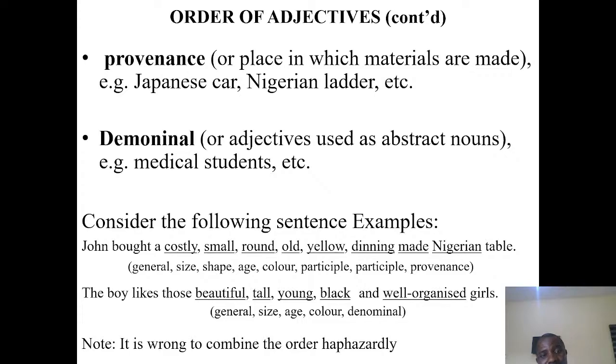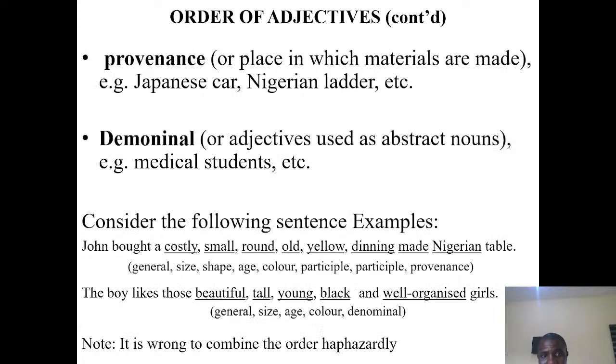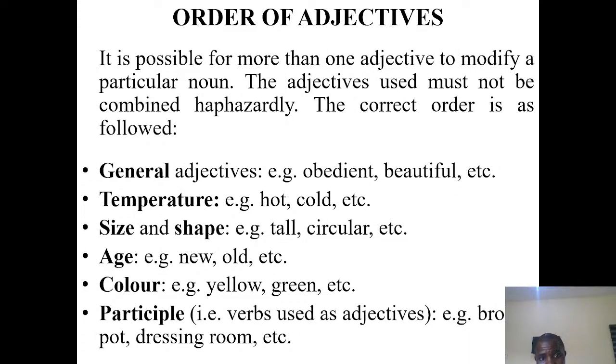Like in the second sentence: the boy likes those beautiful, which is general, tall, which is size, young, which is age, black, which is color, and well-organized girl, which is the denominal. So anyone that you choose, anyone you use, but the order should be, if you look at it now, general first, size next, size comes before age, and that is what is used there.